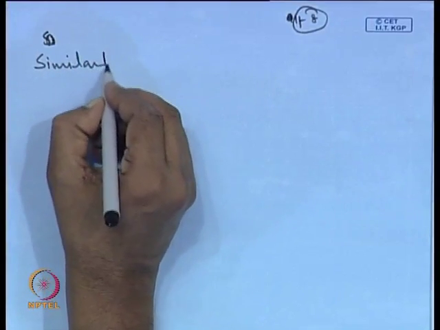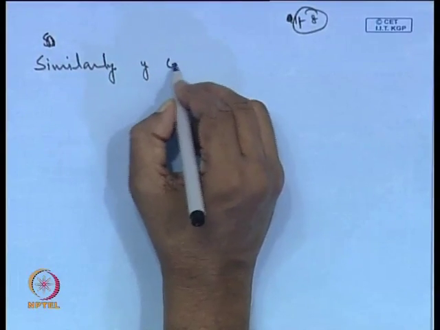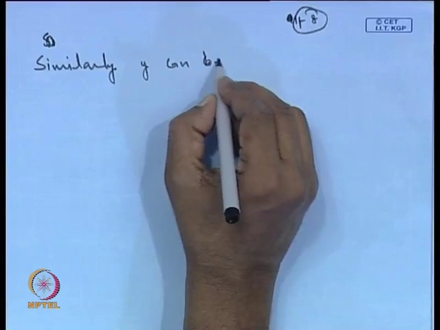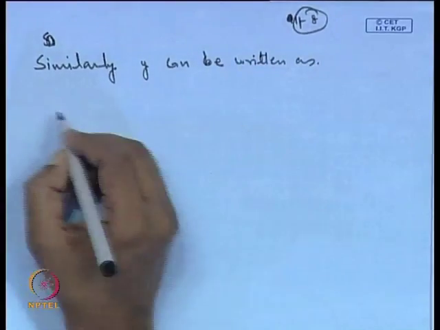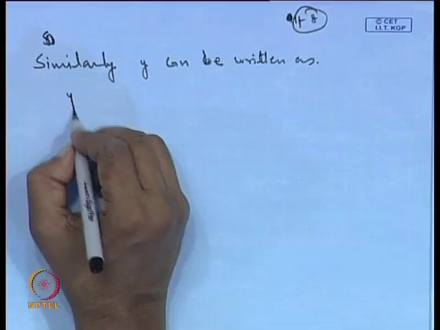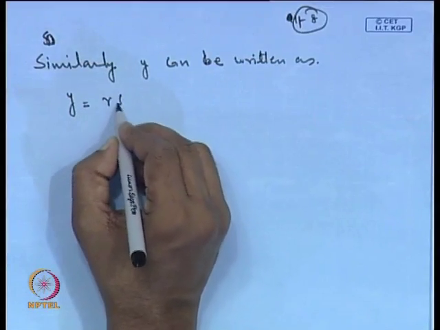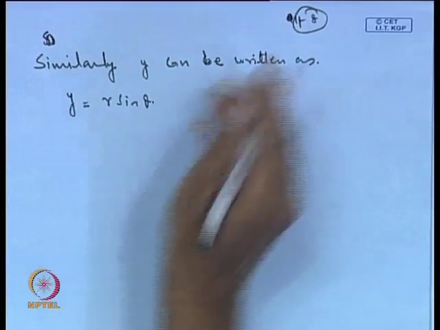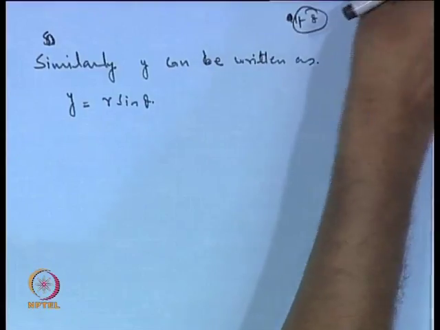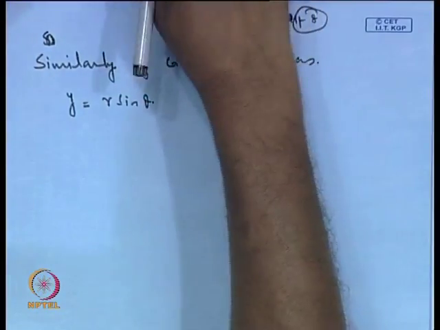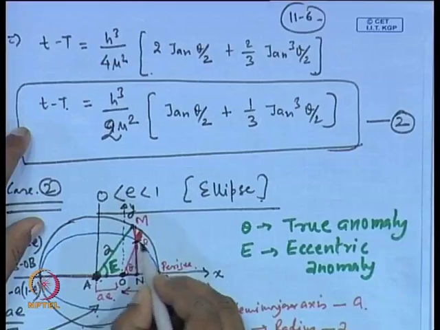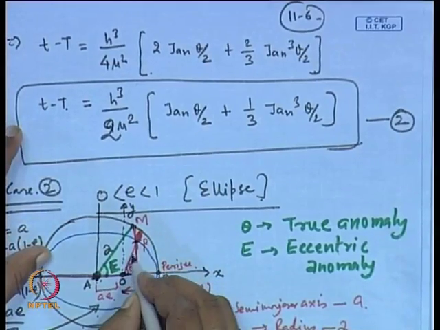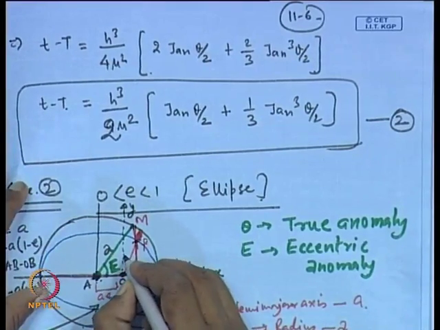Similarly, y can be written as y is equal to r sin theta. Okay. This is the point P. And this is the quantity r.